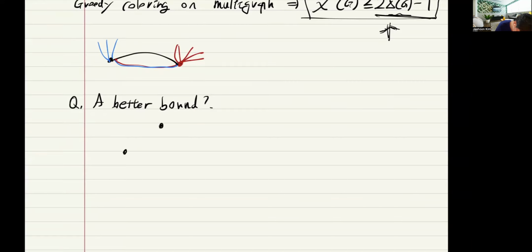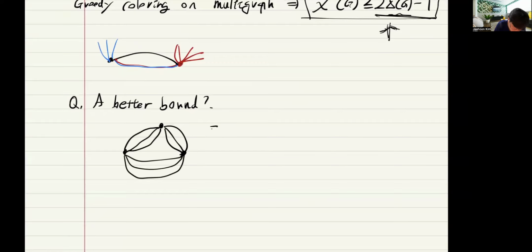Since we are considering multigraphs, one possible example is this fat triangle. Let's say delta is even. Here there are delta over 2 many edges between each pair of vertices, and every vertex has maximum degree delta.